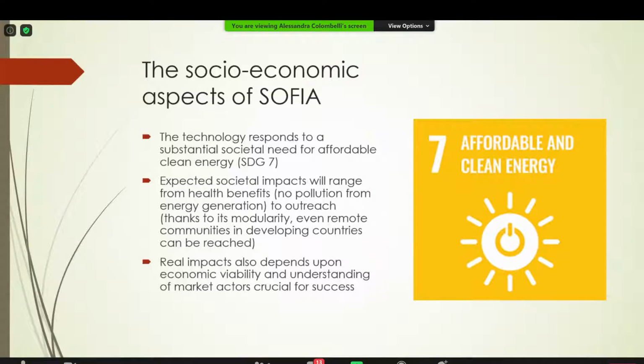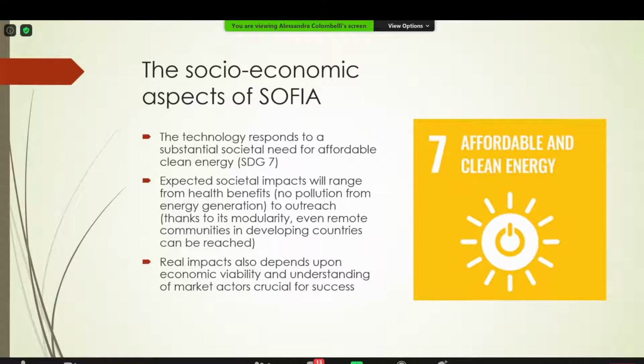The project, first of all, responds to one of the SDGs, in particular the need for affordable clean energy.